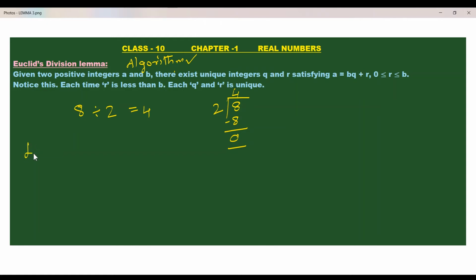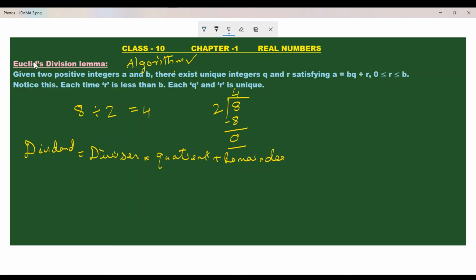We'll write dividend is equivalent to divisor multiplied by quotient plus remainder, isn't it? This is the relation between all of these.